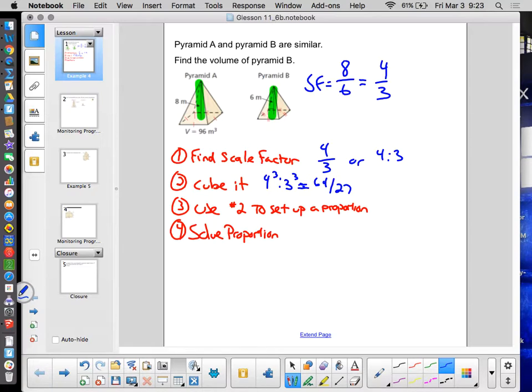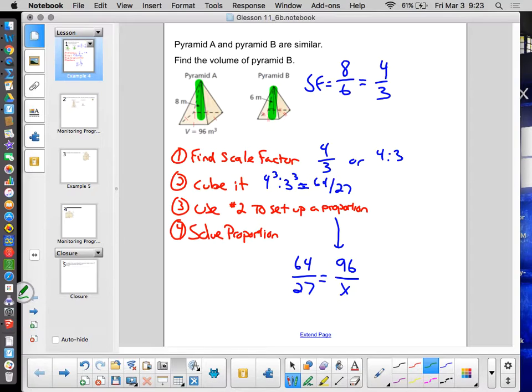Now we use this solution to set up a proportion. So 64 over 27, the ratio of the volumes, has to be the big volume over the small volume. The big volume is known. So there's step 3. Step 4 is actually solving this. And we've got a little bit of work to do here, obviously, because we've got some pretty big numbers.